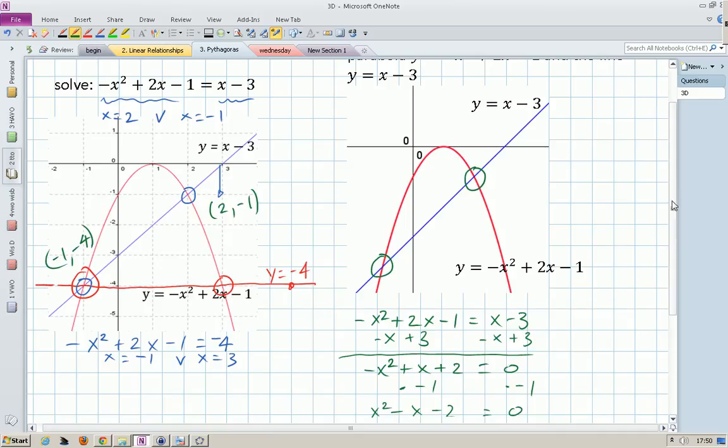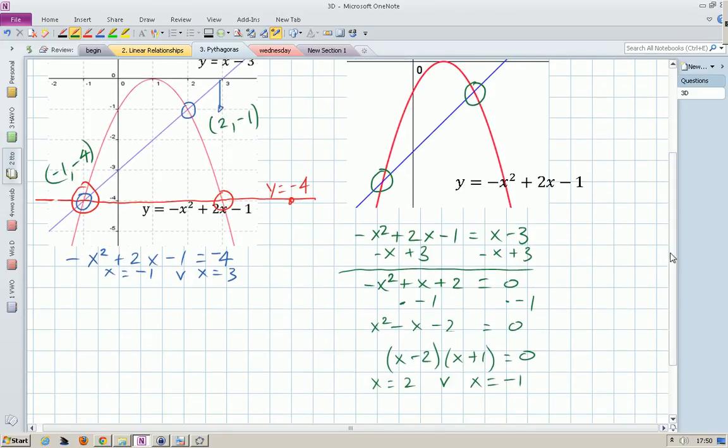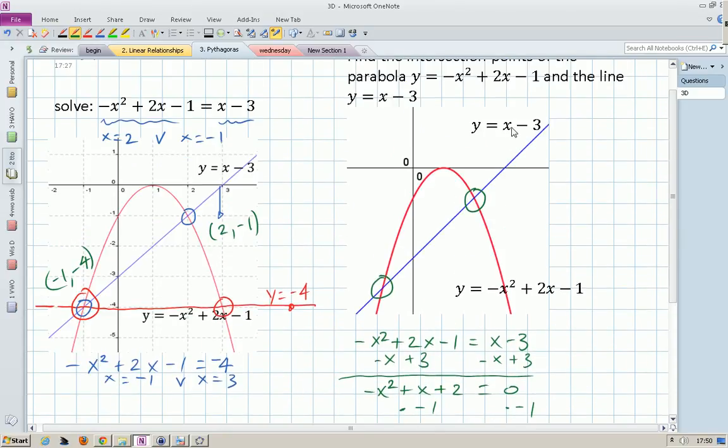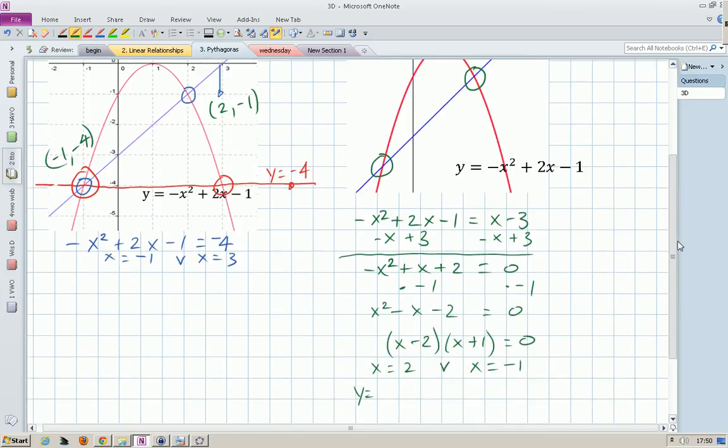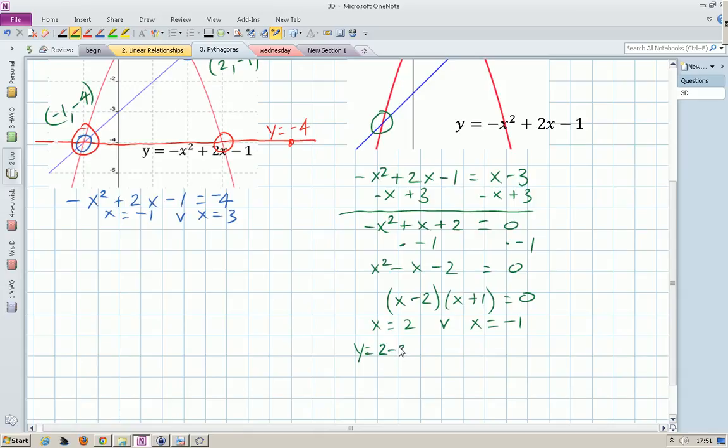So if it doesn't matter, I'm going to choose the one that's easiest, and that's going to be this line. When I put 2 into this line, I get 2 minus 3, which is minus 1. So y is equal to 2 minus 3, which is equal to minus 1. Therefore I get as an answer 2 and minus 1.